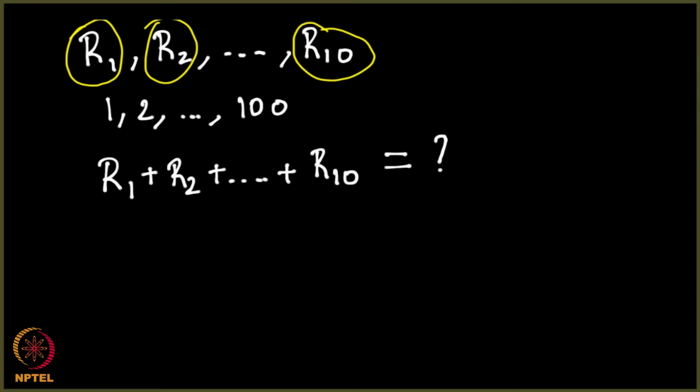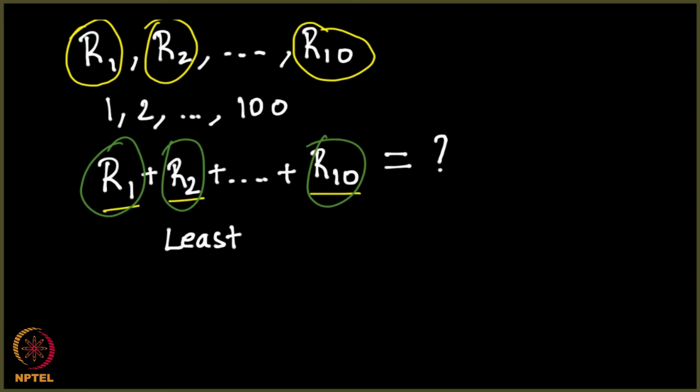See, each one of these can be a number from 1 to 100, which means the sum will be at the least 1 plus 1 plus 1, 10 times. Assume all of them chose 1, 1, 1 each, then at least it will be 10, and a maximum of how much? If each one of them picked 100, it will be 100, 100, 100, 10 times, it will be 1000.